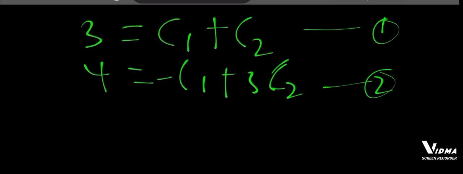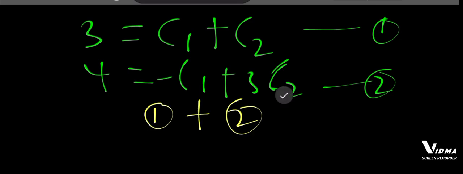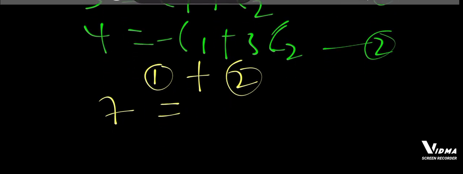Now from our basic simultaneous equation, we can add equation 1 to equation 2. And in so doing, we have 7 being equal to what? The c1s will cancel out, so we'll have 4c2.